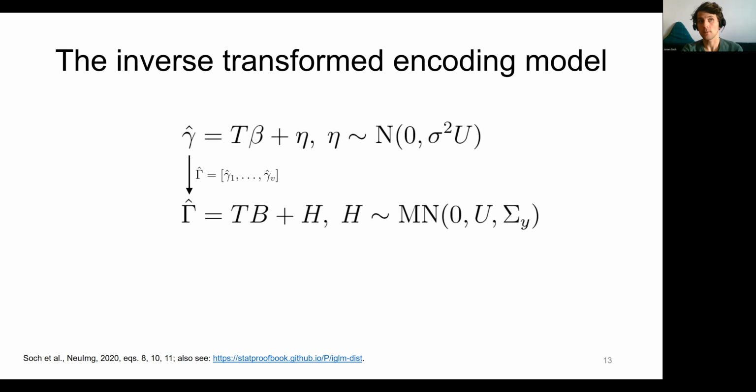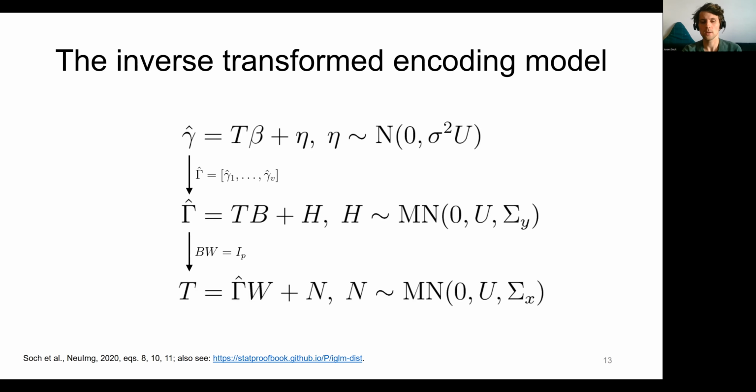This gives us the multivariate transformed encoding model. If we then devise a strategy for inverting the model, we come up with the inverse transformed encoding model, which describes the experimental design variable T in terms of trial-wise response estimates gamma hat.